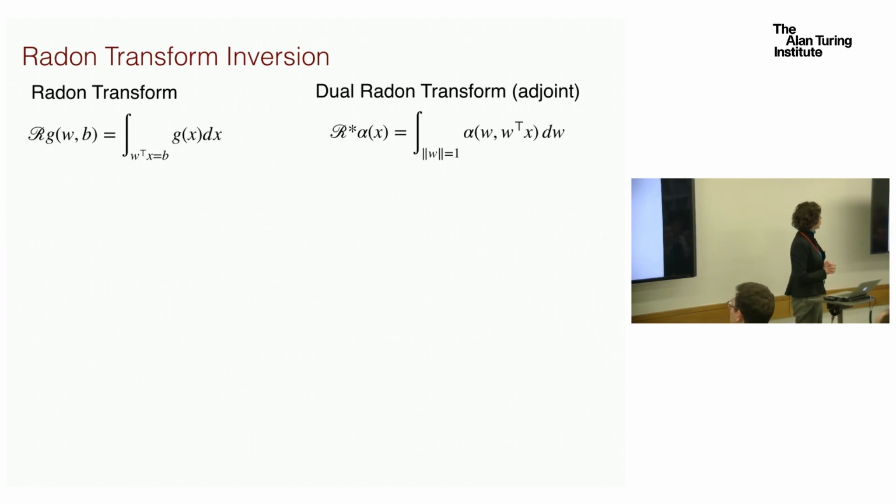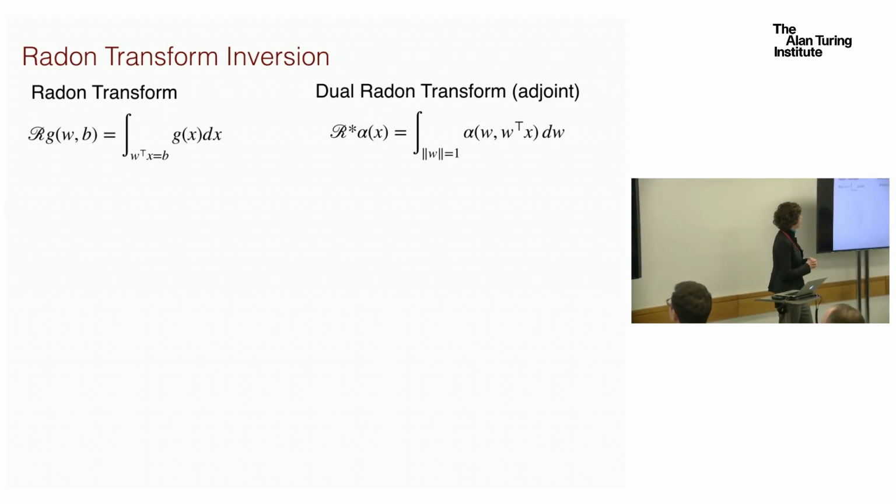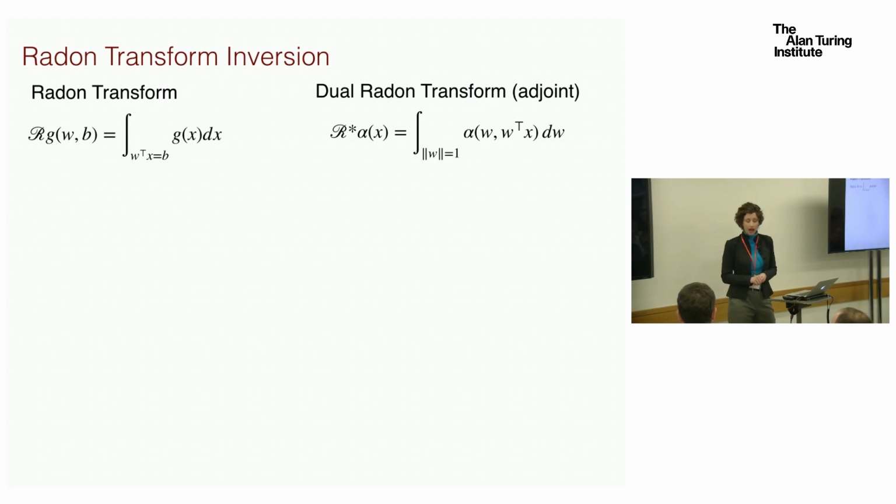Okay, so here I've got an expression for the radon transform, where again we're just doing these line integrals corresponding to different lines. And then I've also written down the dual of that, or you can think about this as the adjoint operator. And this, again, is exactly the integral equation that we had for the Laplacian of f that we talked about earlier.